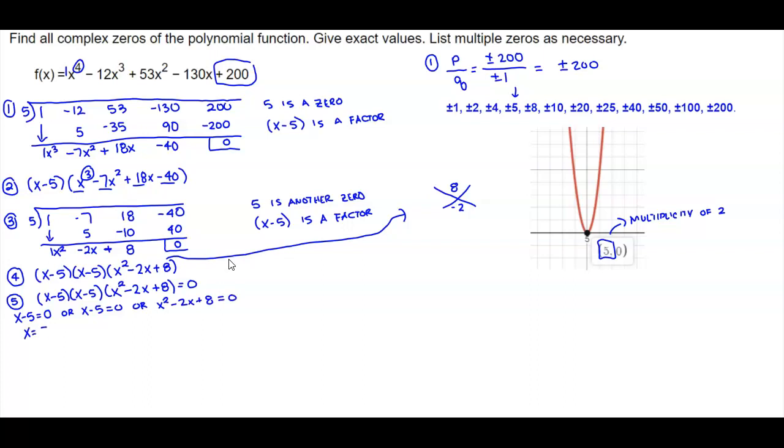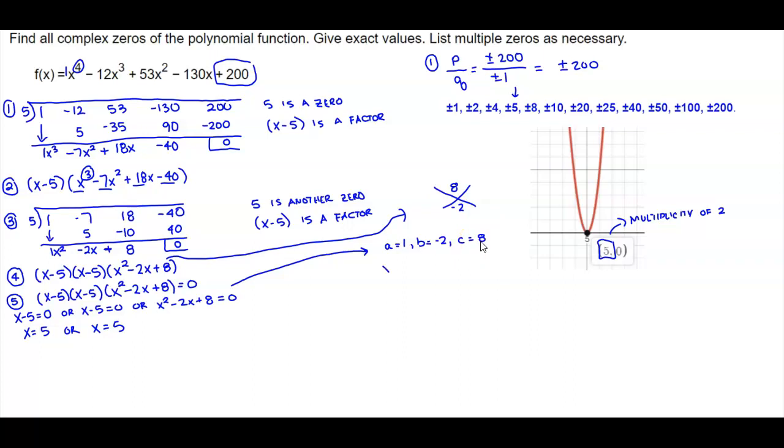So x is equal to positive 5, or x is equal to positive 5. Now we have to use the quadratic formula, where a is equal to 1, b is equal to negative 2, and c is equal to positive 8.